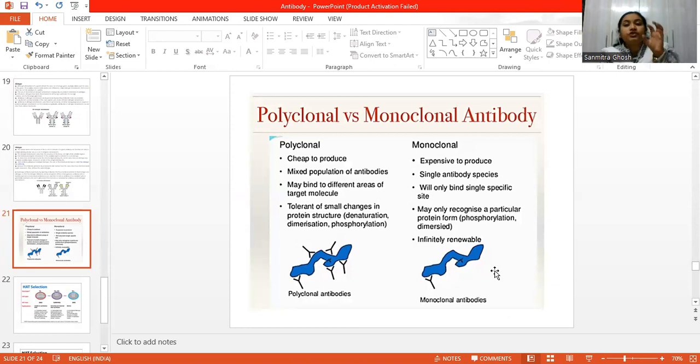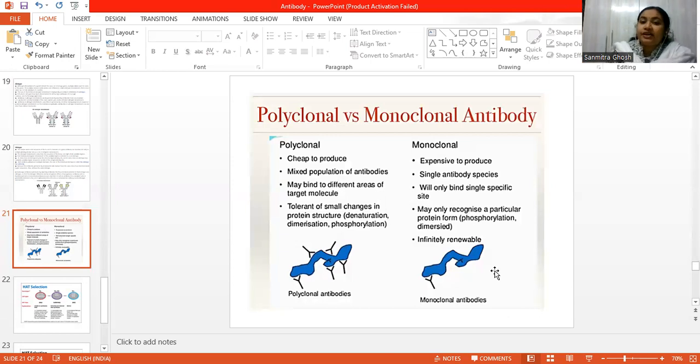Because if one portion of the protein has been masked by, say, phosphorylation, or one side of the protein has been denatured and the other portion is still maintaining its native structure, the components of that antibody mixture which are specific for the unaltered part of the protein will give the immune response against it. And if such antibodies are produced in vitro, they are also very cheap to produce, because they just need to be isolated and purified from the host body.